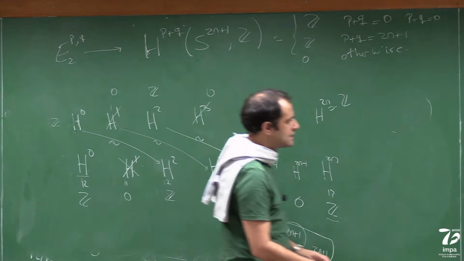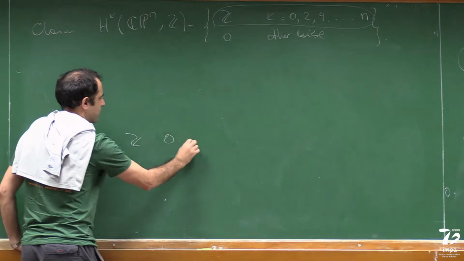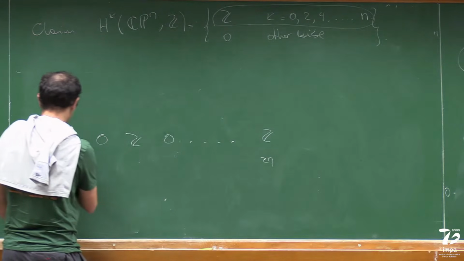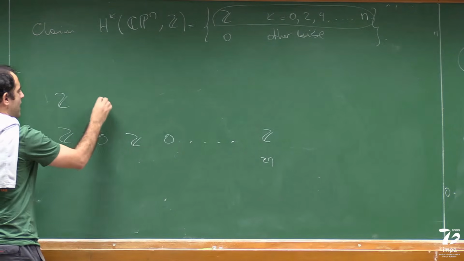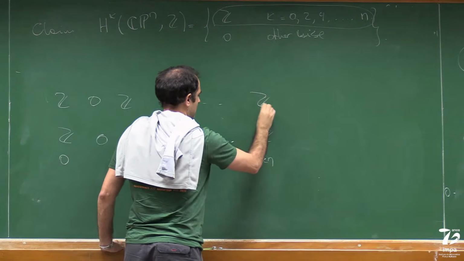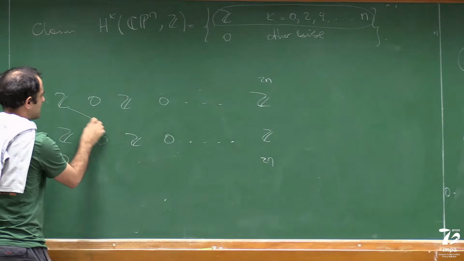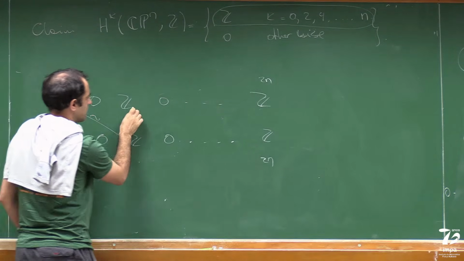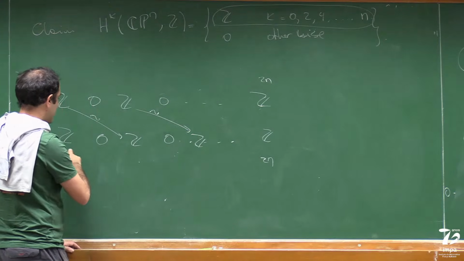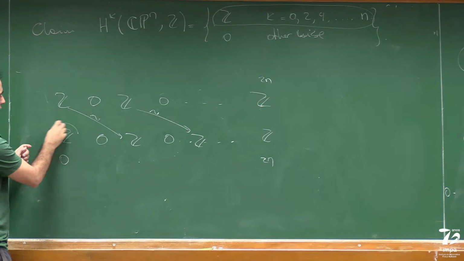And this spectral sequence now looks like this. Looks like Z, 0, Z, 0, up to Z in degree 2n. This is in degree 0. We have Z, 0, Z, 0, up to Z in degree 2n. And these maps are isomorphisms. So that's why in the total homology of the sphere, this guy survives.